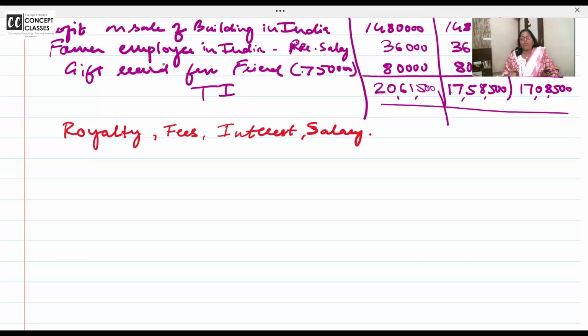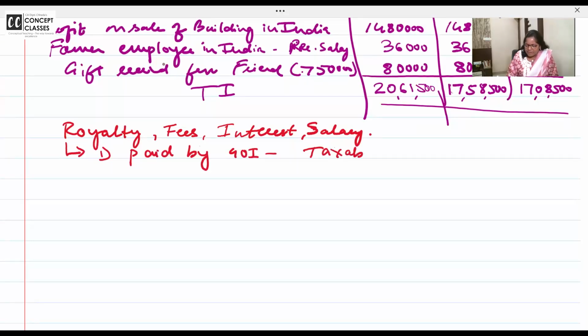You're not allowed to draw flow charts in the income tax exam, but for learning mode, if you want, you can. Royalty, fees, interest and salary. All this, first point: paid by Government of India, taxable in India. For all the 3, it is taxable if it is paid by Government of India.